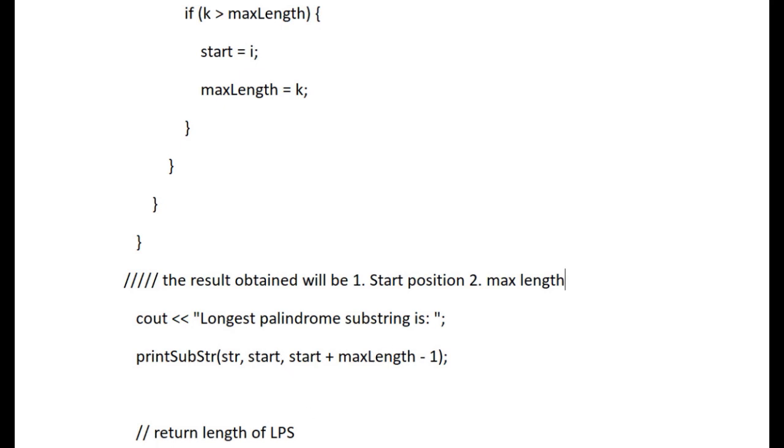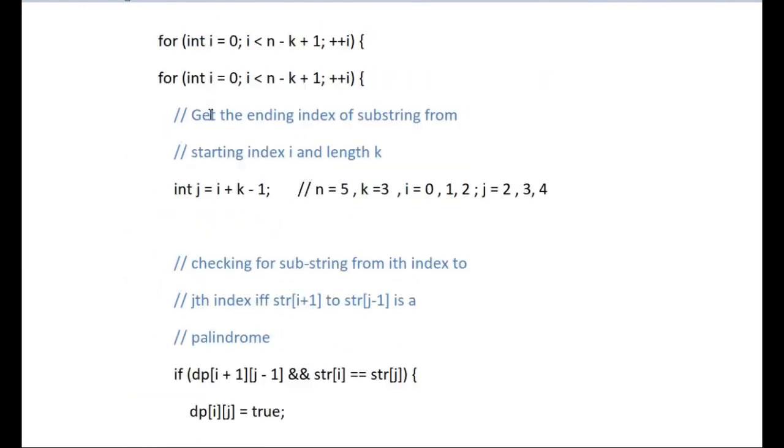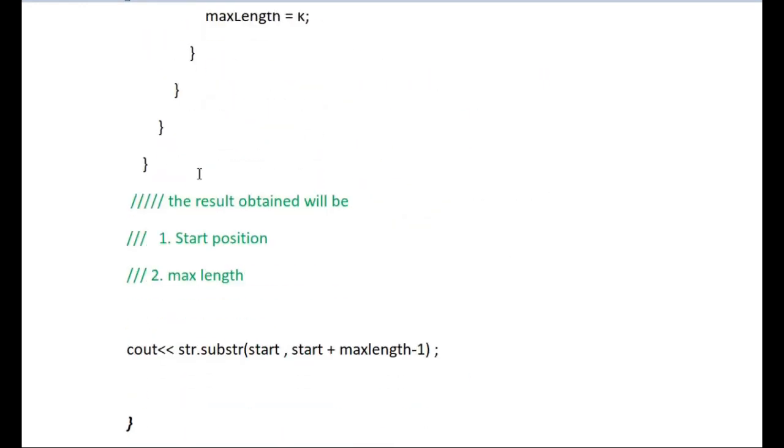So the result obtained from all the above part is the starting position of the substring and the maximum length of the substring which is a palindrome. So we'll simply print the substring.